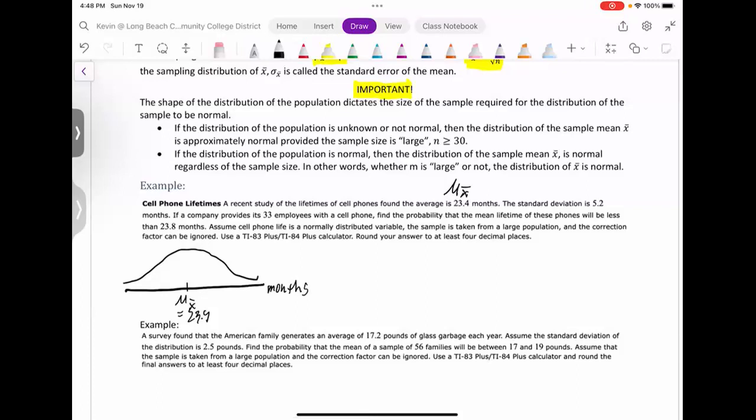And what we're going to do is we want to know less than 23.8. So let's be less than 23.8 months. So 23.8 is just barely going to be over here.